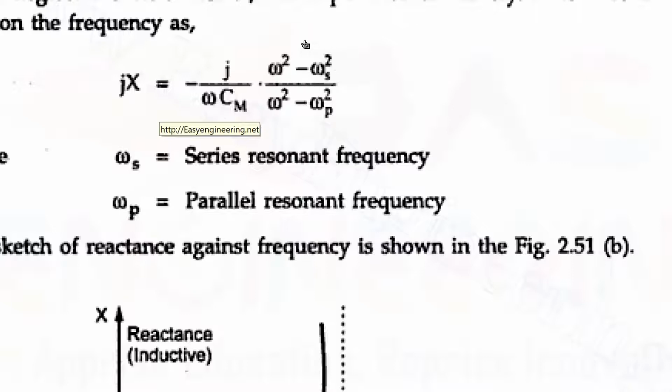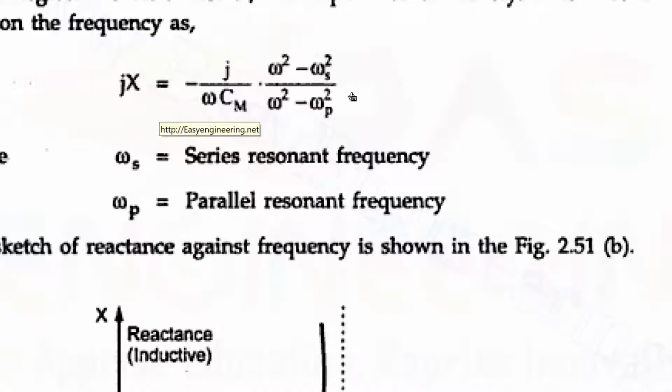The denominator is not 0, so 0 divided by any non-zero is 0. It is not a 0 by 0 form where you have to use L'Hospital. Here it is 0 by some non-zero.